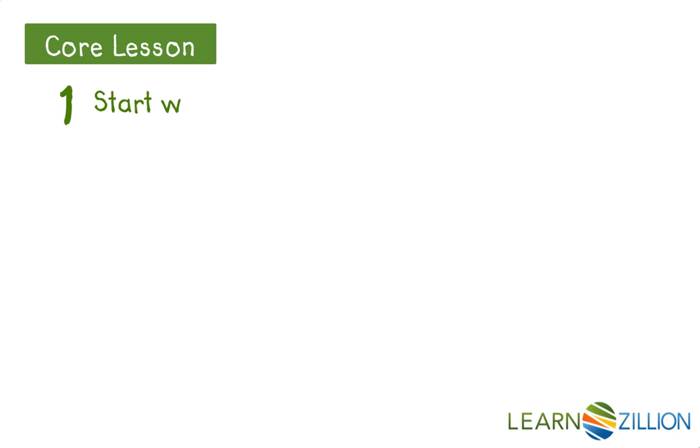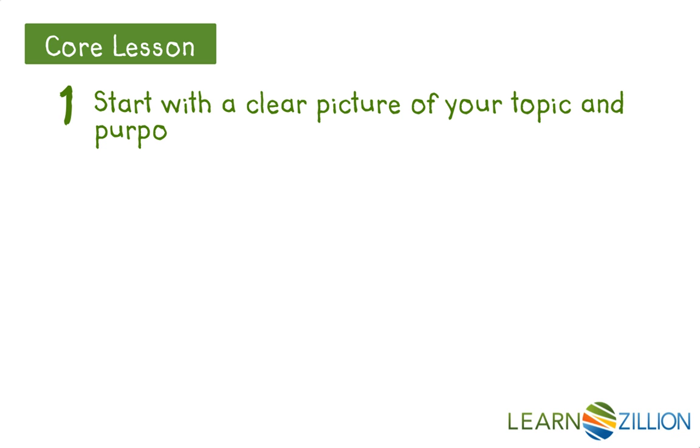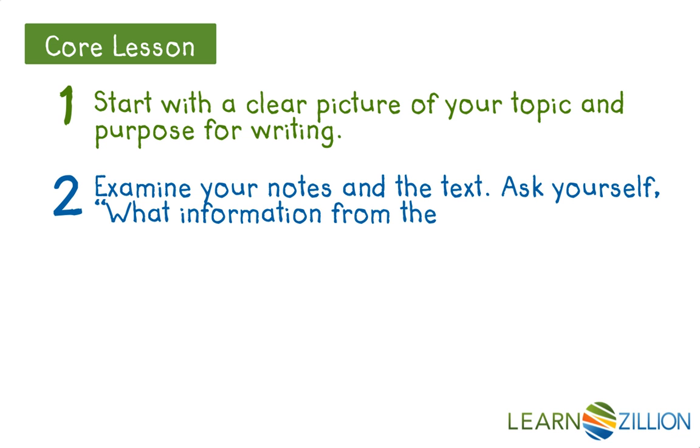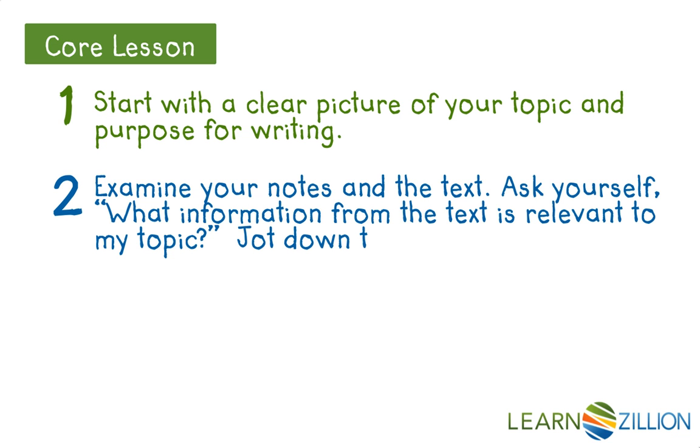There are 3 steps in our core lesson. Step 1, start with a clear picture of your topic and purpose for writing. Step 2, examine your notes and the text. Ask yourself, what information from the text is relevant to my topic? Jot down this information.